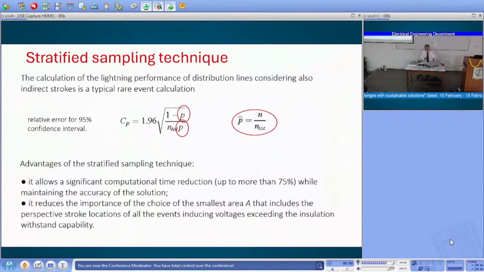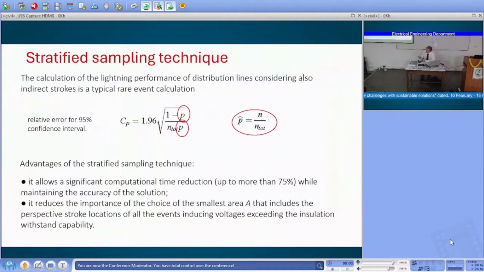And so we adopt this stratified sampling technique. It means that we reduce the number of calculations in order to obtain the same quality of the result, and the quality can be estimated by the relative error for 95% confidence intervals.